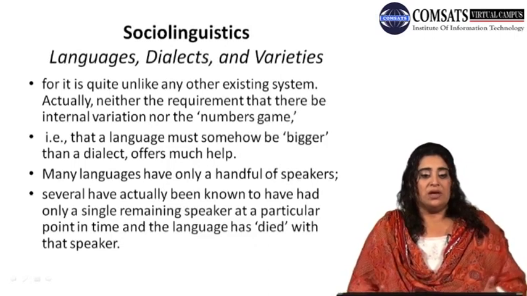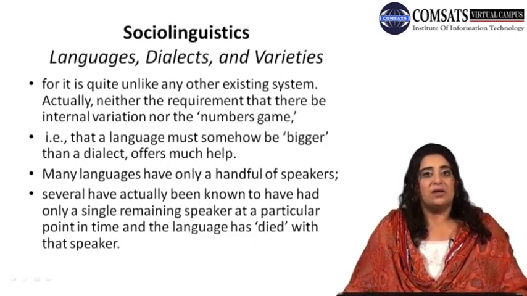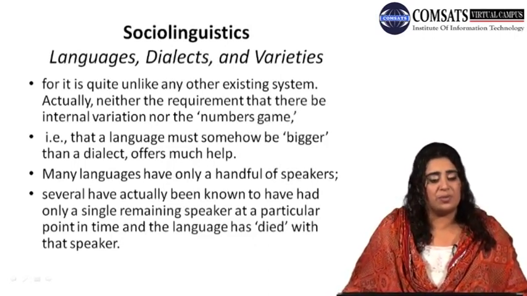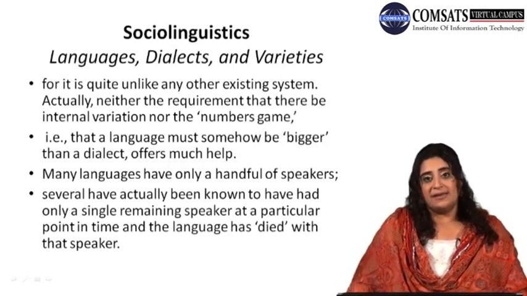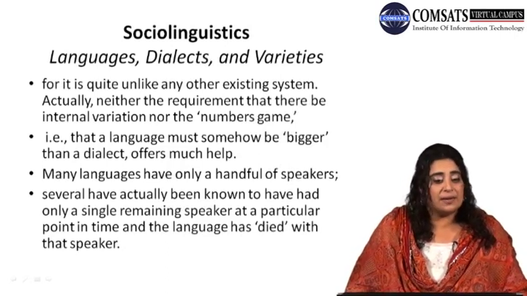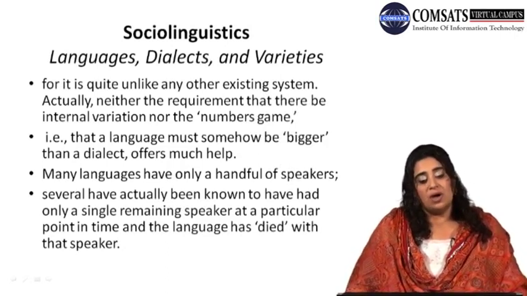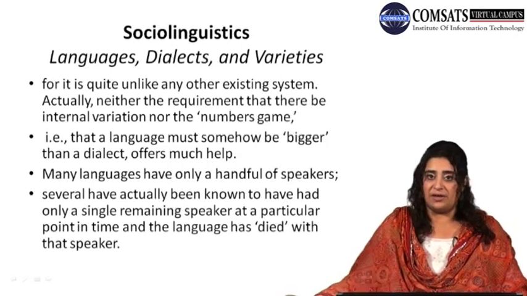Now if we look into all these three aspects: first, languages, how they are used, how they are produced, how they affect society. Then dialects, the difference of a different language, or how a similar language can have different dialects.